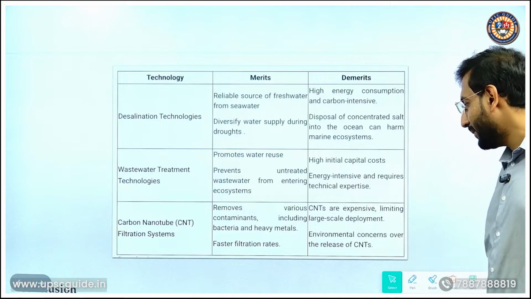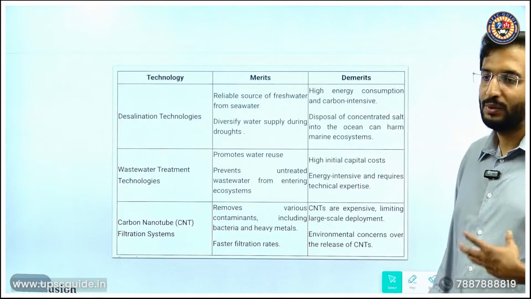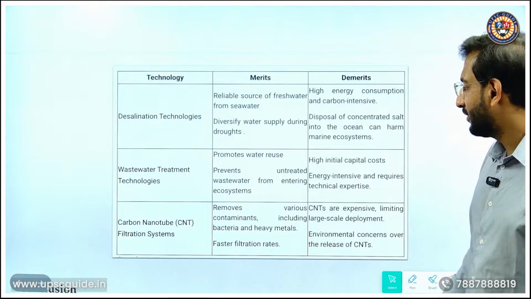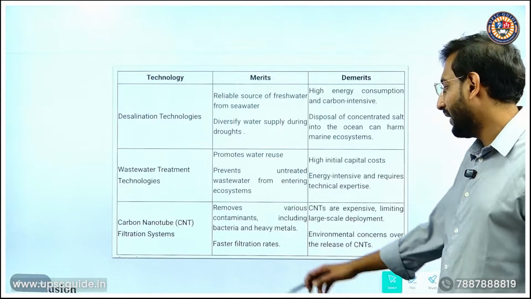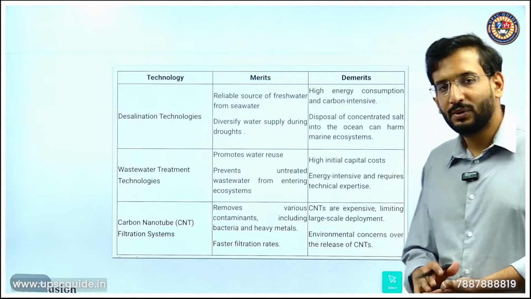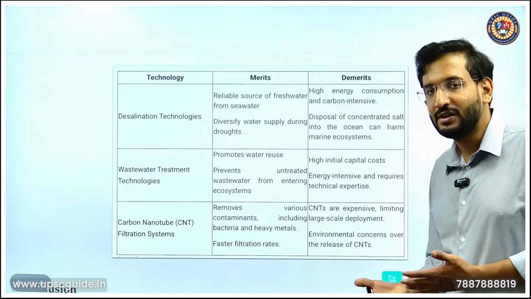Therefore, environmental concerns, like release of carbon nanotubes or how to dispose of them, are among the demerits of this filtration system. But it removes various contaminants including bacteria and heavy metals. As for the demerit, it also kills the required minerals which are present in the water.